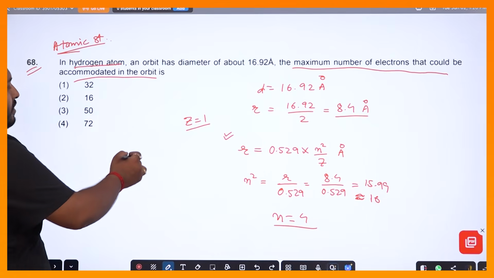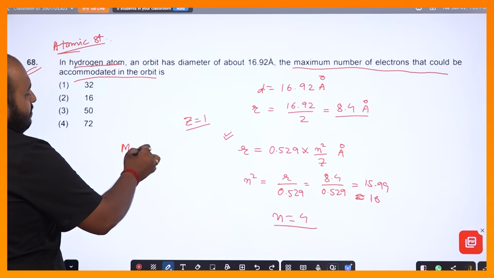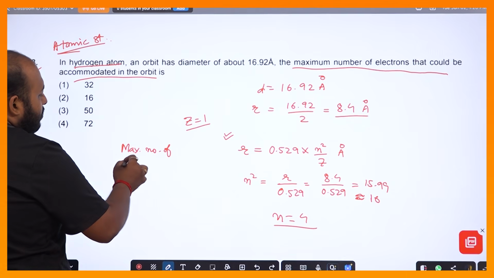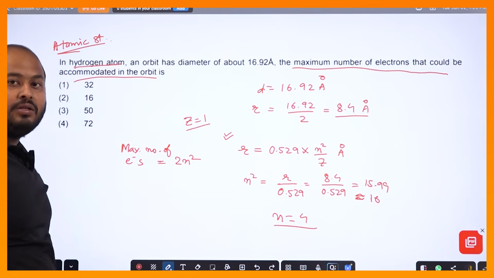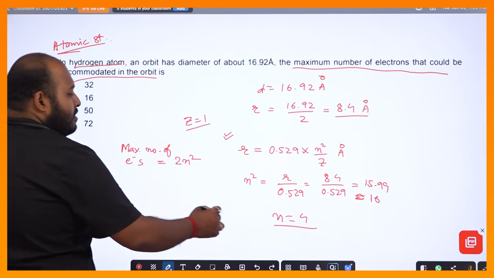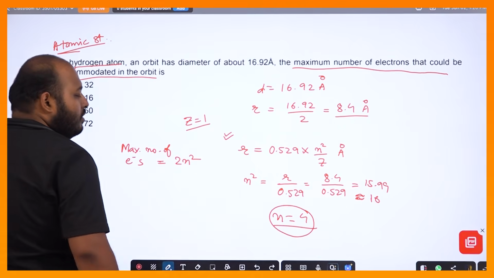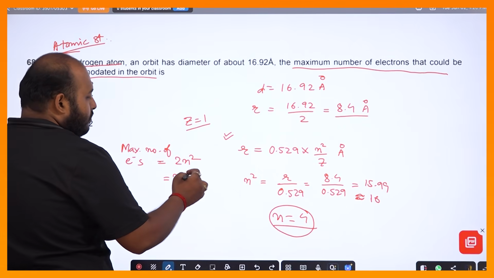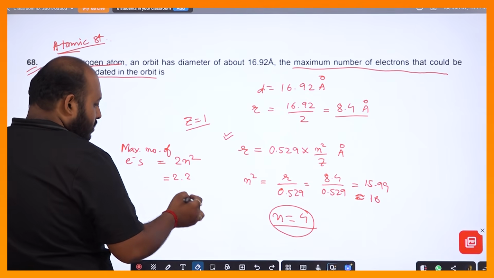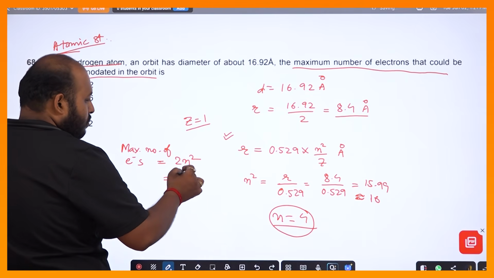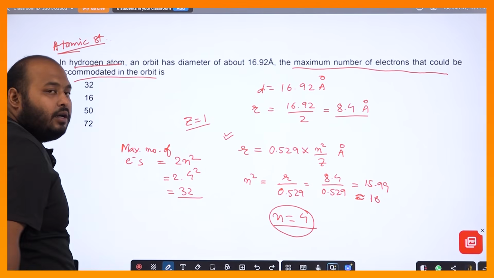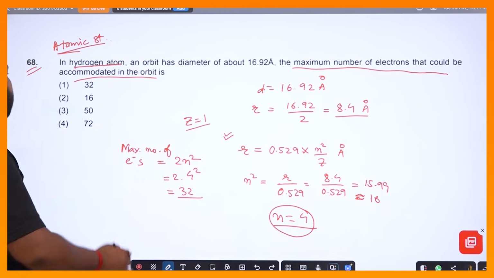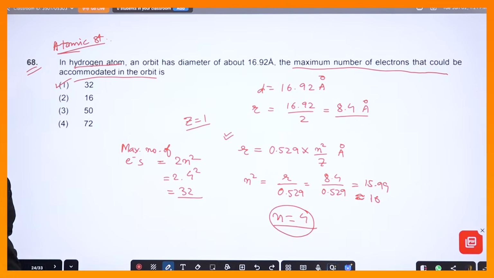The maximum number of electrons is given by the formula 2n square. We all know this. n is the principal quantum number or the orbit number. So it is 2 into 4 square, that is 32. The answer will be 32. So option 1.